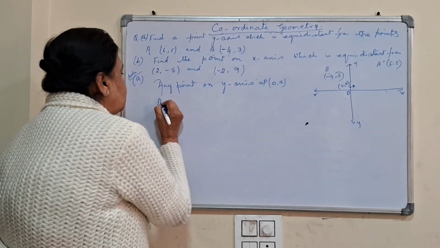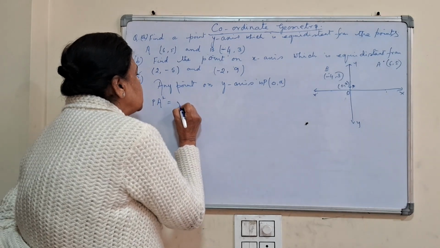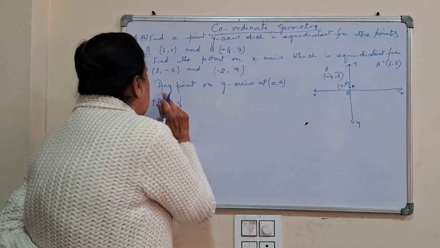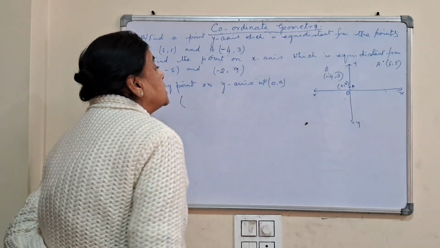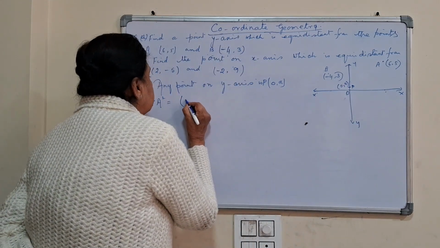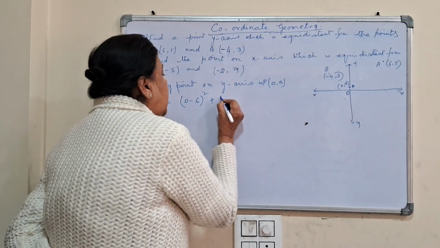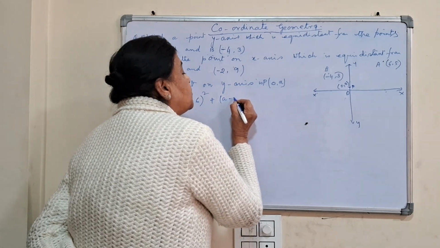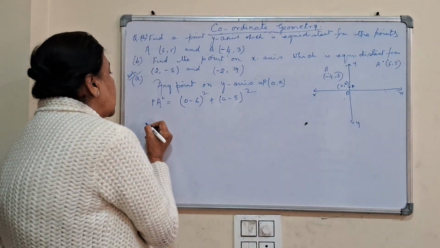Now, PA square we will find out. PA square will be (0 minus 6) whole square plus (a minus 5) whole square.